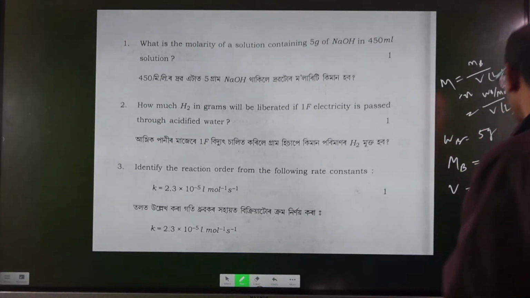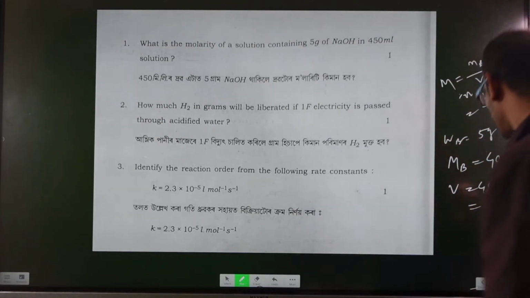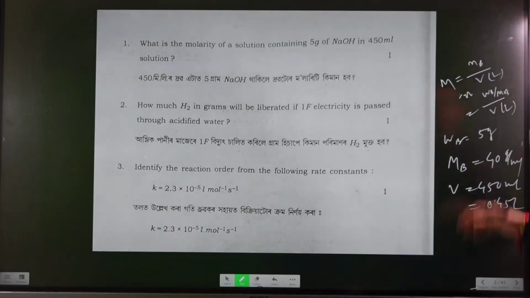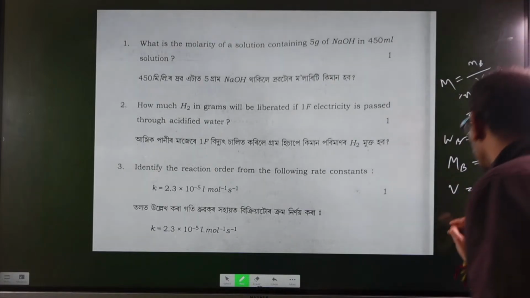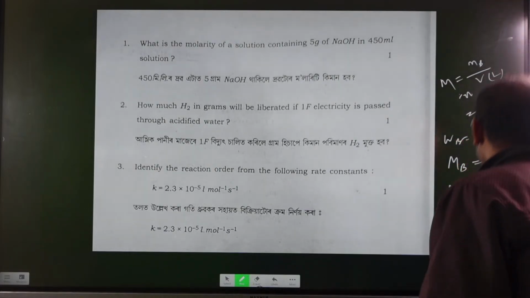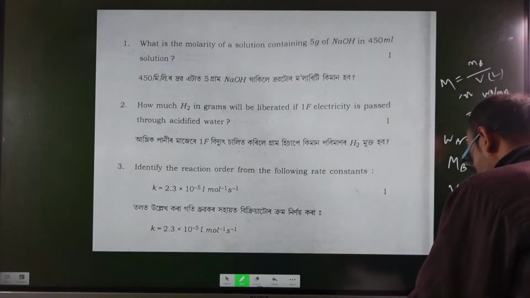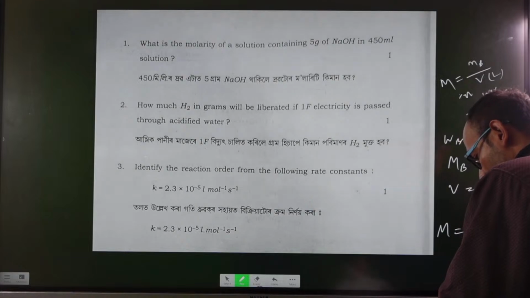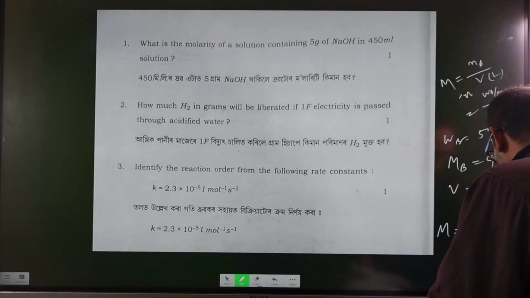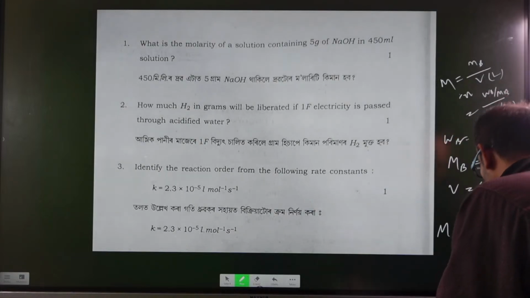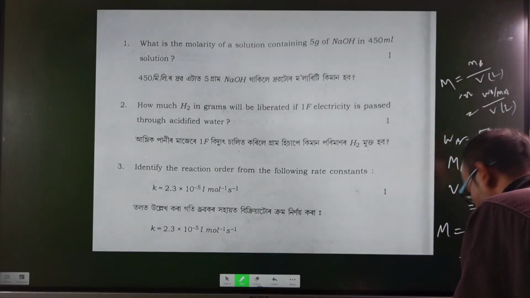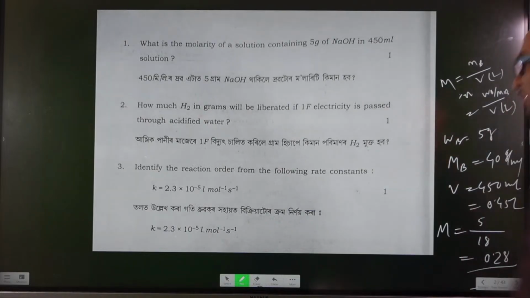You have to convert 450 ml into liter, that is 0.45 liter, and put all these values into the equation. You will get 5 by 18, so in total the molarity is equal to 0.28. This is the molarity you will get in the first question.